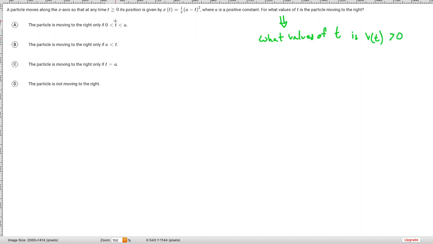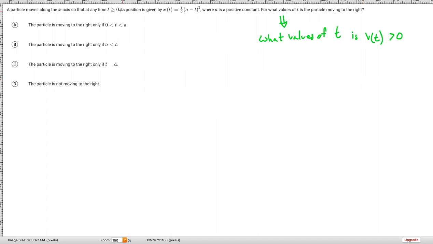Because that's essentially saying these two things imply one another. The particle is moving to the right if the velocity is positive, and the particle is not moving to the right if the velocity is not positive. So the only thing we need to find out is where the velocity is positive.